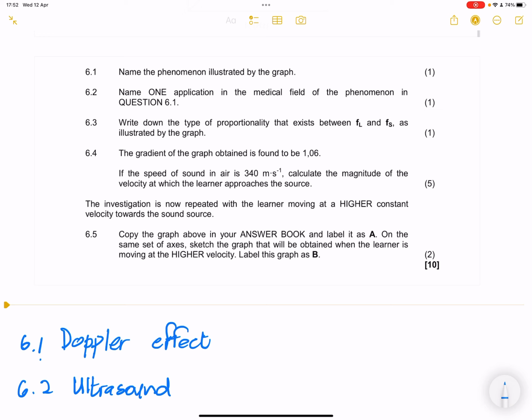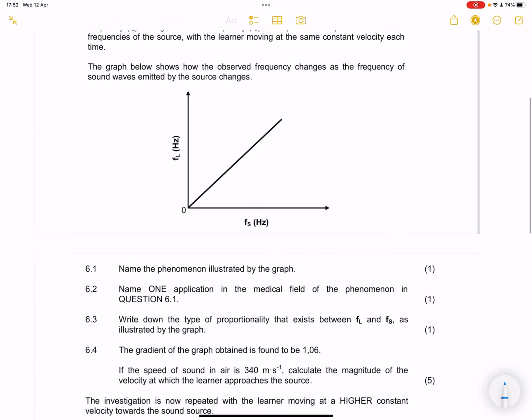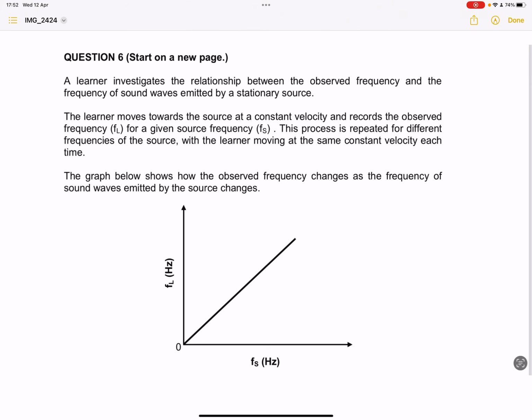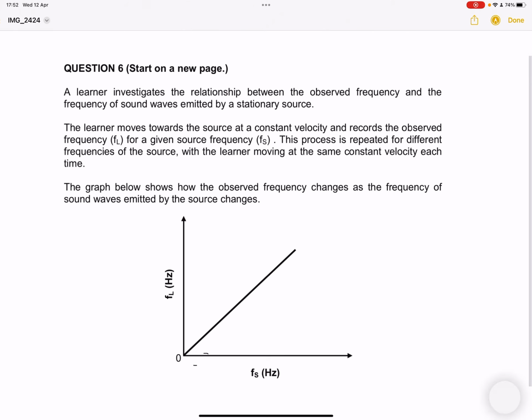Now they say to you, write down the type of proportionality that exists between FL and FS as illustrated by the graph. Ladies and gents, when you look at this graph, you can see that as you increase the frequency of the source, the frequency of the listener also increases.